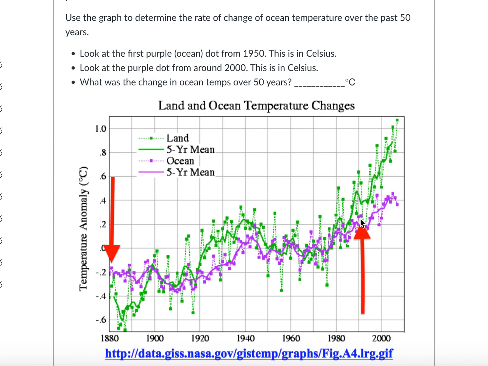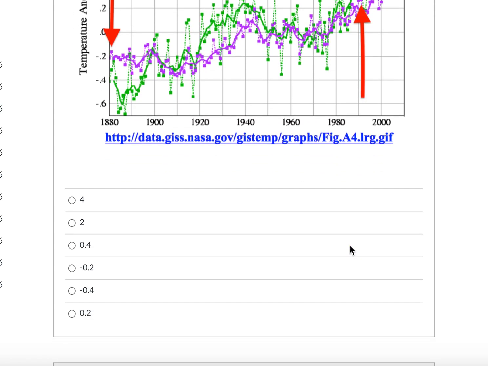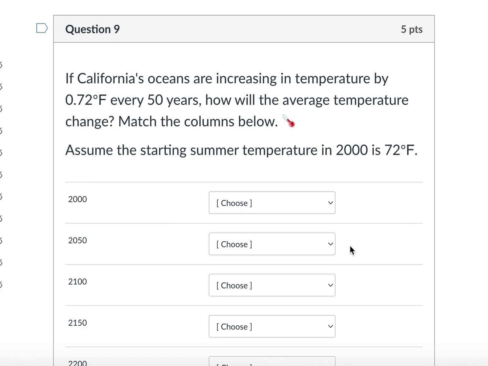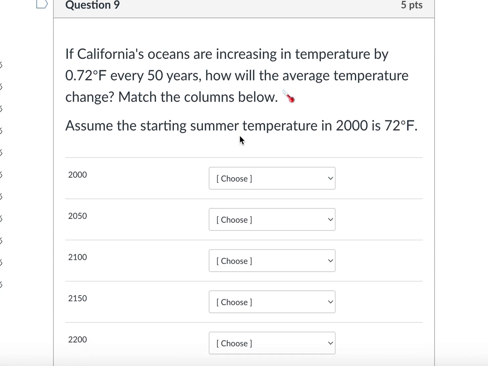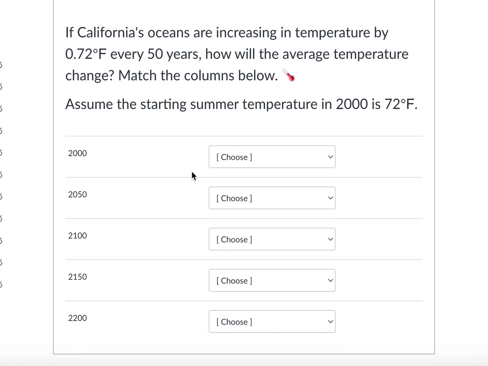So you are going to subtract these 2 changes and find out what the change was over time between these 2 dots, okay? And then the next question is basically if California's oceans keep increasing in temperature by 0.72 every 50 years, what will be the average temperature change?